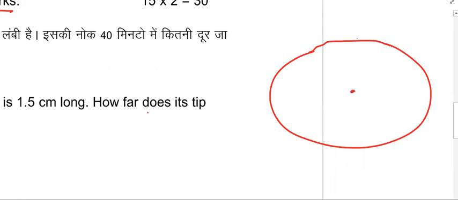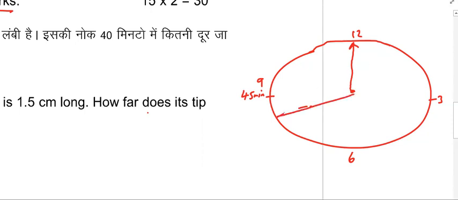So let's assume this is the minute hand, and obviously this will be 45 minutes on the side, where the 9 is, 12, 6, that's 3. So it moved beyond this, it's somewhere around here.